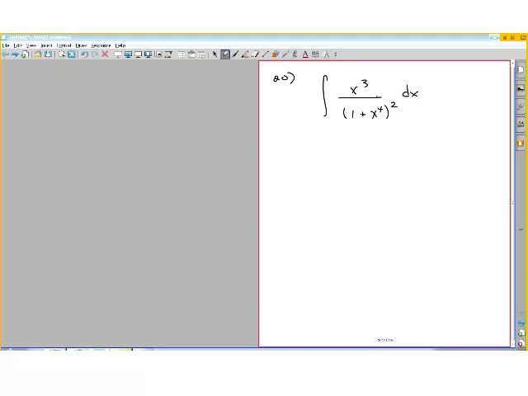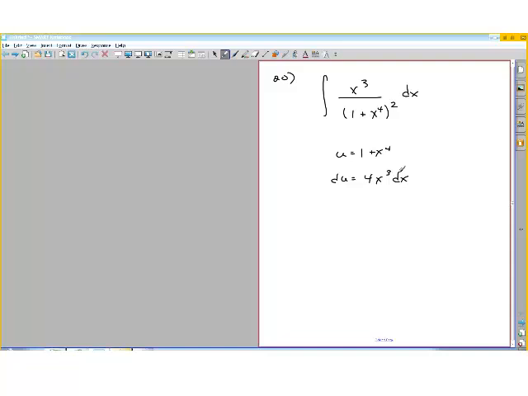So just like before, the u is going to be the term in the parentheses. And so du is the derivative of that. This goes to 0, and we get 4x cubed times dx.